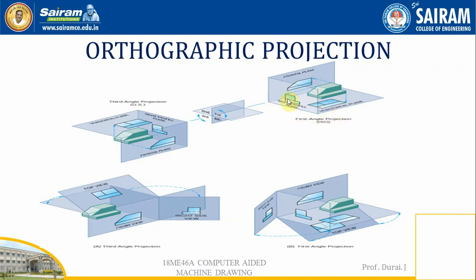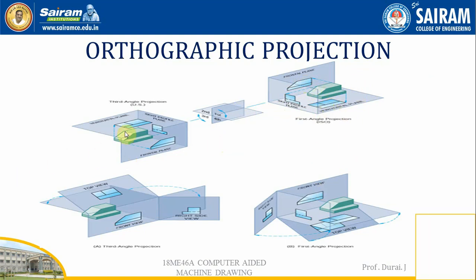Similarly, the right side view is placed on the left side, so it comes to the left of the front view. And the left side view is placed on the right side plane, so it comes to the right of the front view.